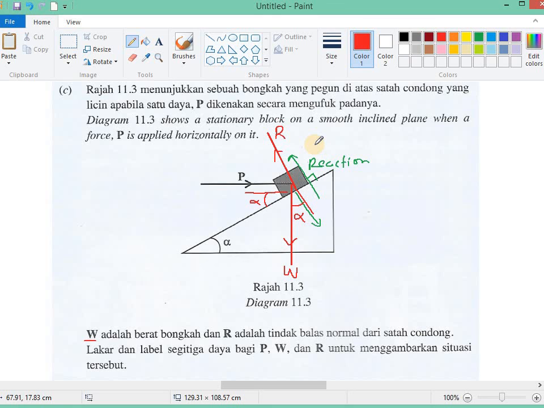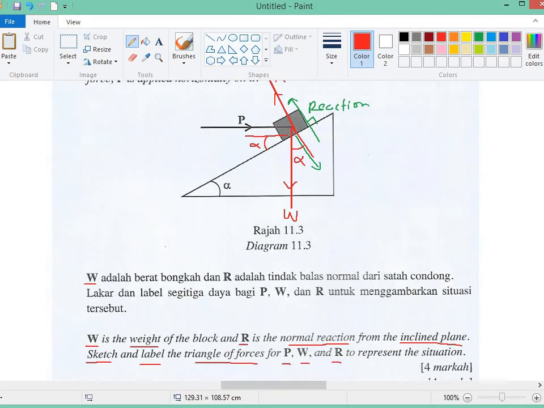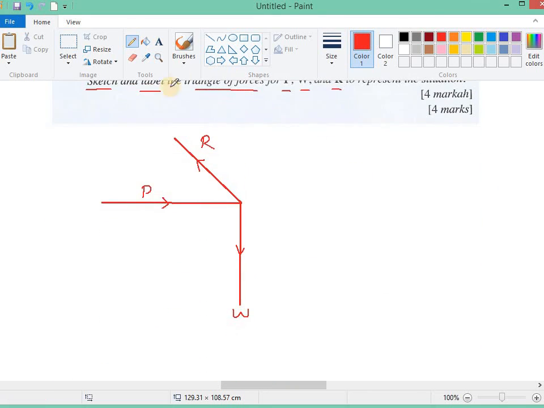So we can put here, the best place to put the angle is here.